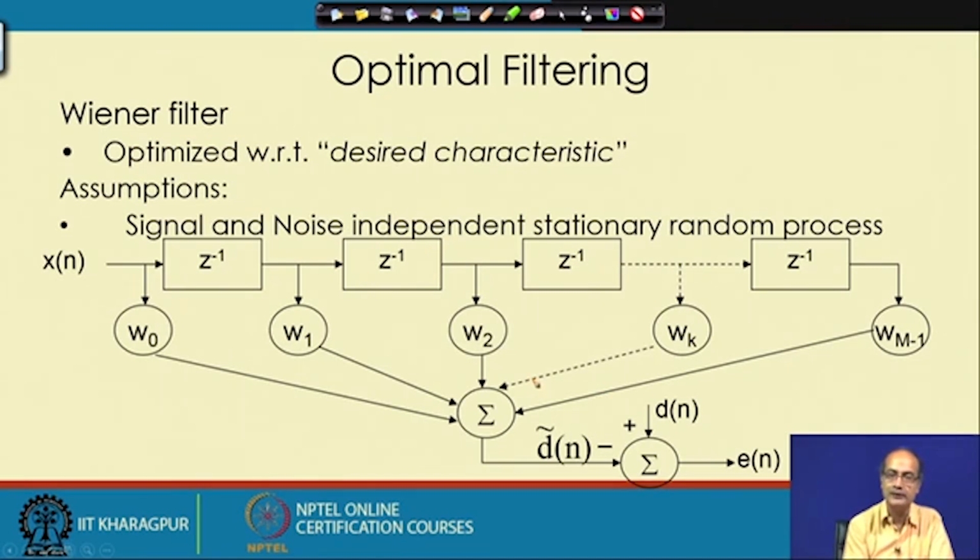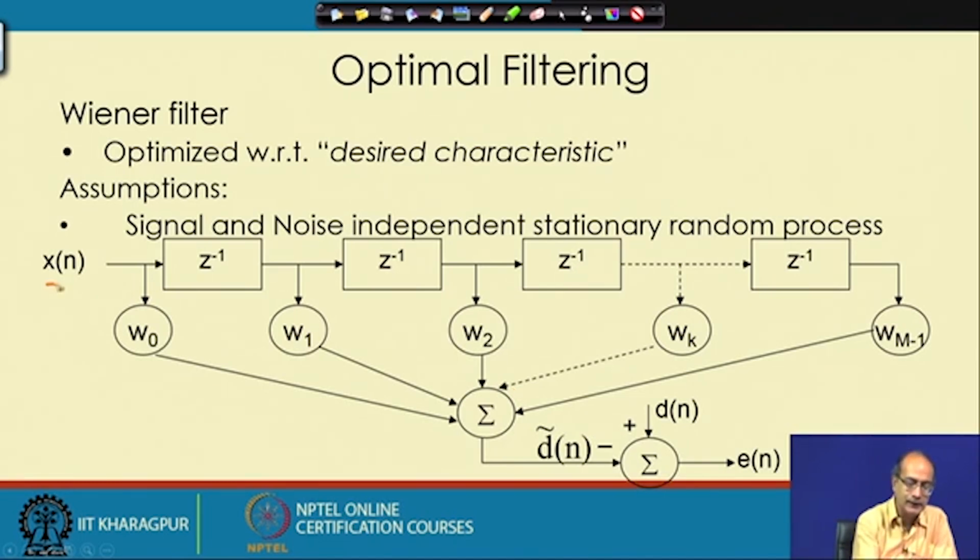If you want to make it a little loose, then you can say they need to be at least uncorrelated. Okay. So, this much is required. So, there are two random processes which are stationary and independent, and that is the minimum condition needed for the Wiener filtering design, or to show that we have a design where we get an optimal filter. Now, let us look at the signal.